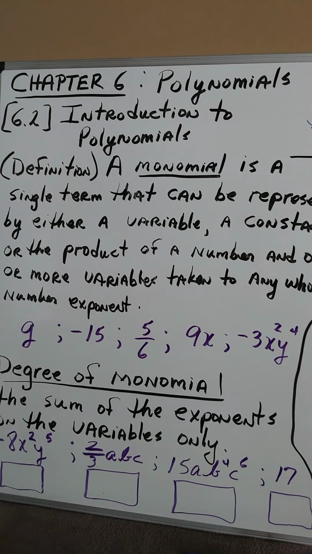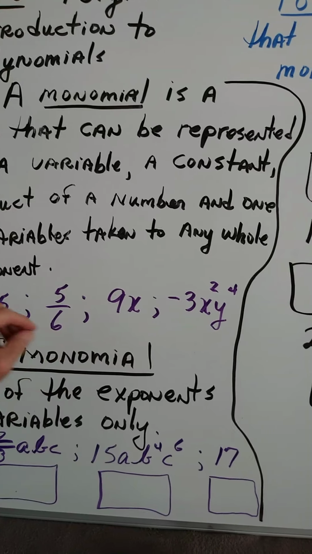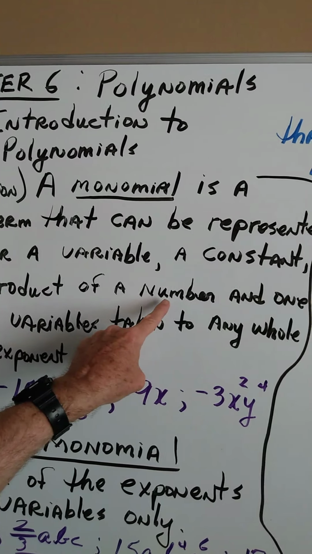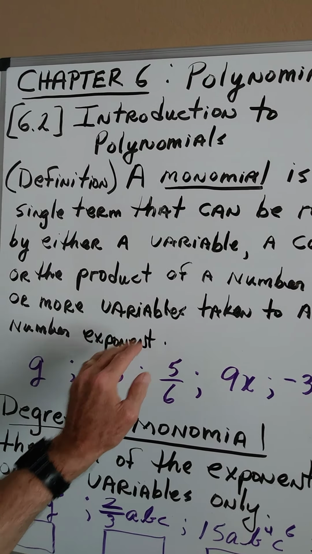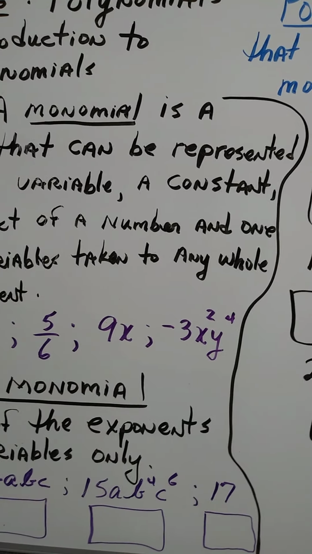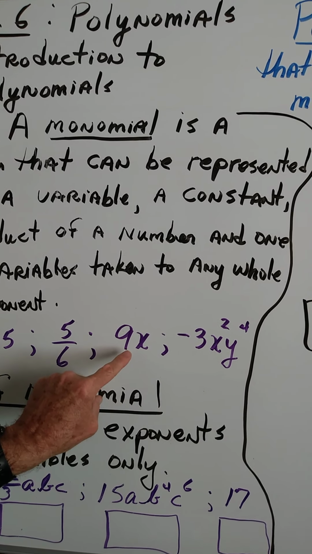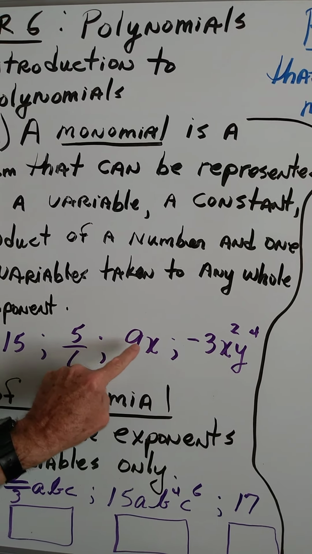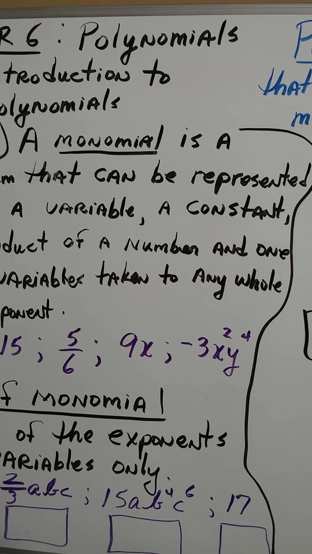But the most common looking monomials are expressions that are found by multiplying a number with one or more variables taken to any whole number exponent. 9x, this little algebraic expression right here, is an expression that represents the product of a number and one or more variables taken to a whole number exponent value.